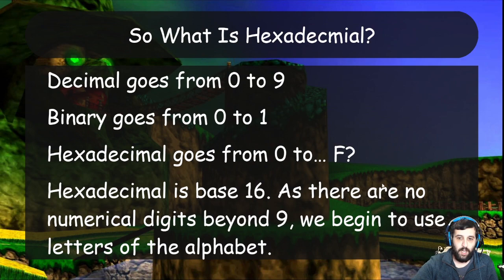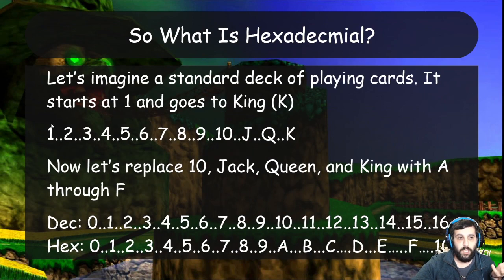So let me go ahead and show you. Imagine a deck of playing cards, right? You go ace, 2, 3, 4, 5, 6, 7, 8, 9, 10. And sometimes you will say jack is the value of 11, queen is the value of 12, and king is the value of 13. You can expand this. Some regions have a joker, which can be like a wild card or 14.